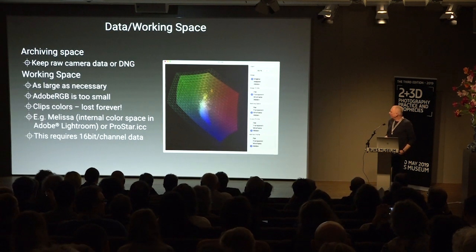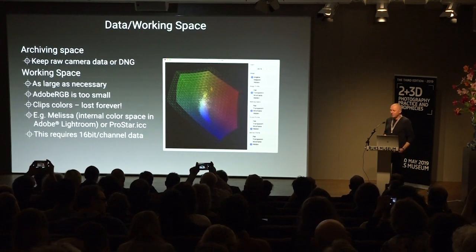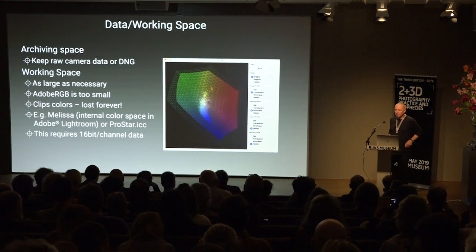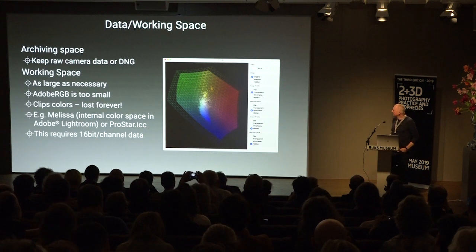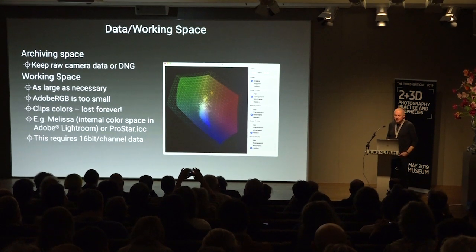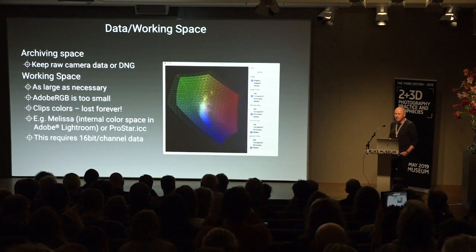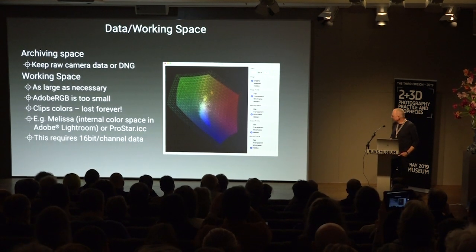What you need there is definitely 16 bits per channel image, because the color space is too big. For an 8-bit image, you will get artifacts and banding and stuff like that.